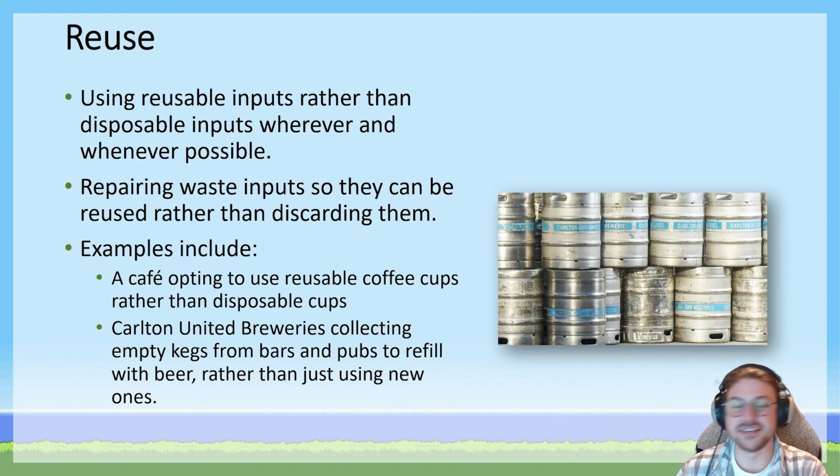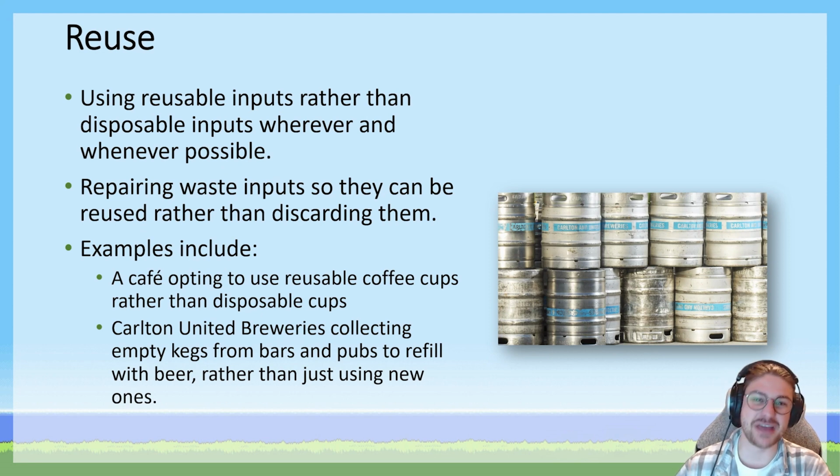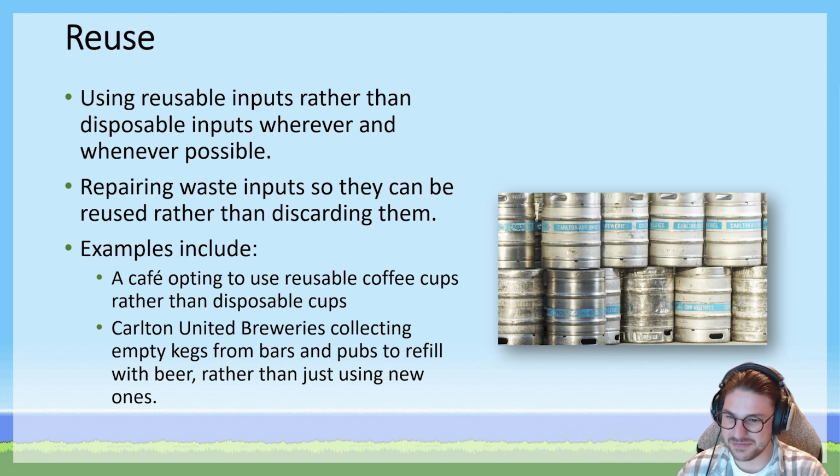Now, reusing is pretty common across industry. Even industries that aren't necessarily famous for being environmentally sustainable or fighting waste are known to use the principles of reuse because it can save them a lot of money. Examples of this might be cafes that prefer to use recyclable cups.